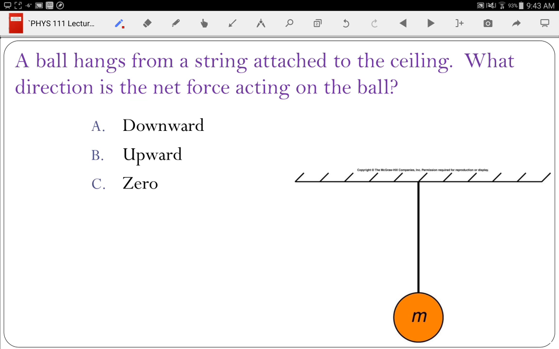Question number 2. A ball hangs from a string attached to the ceiling, kind of like I have set up here. What direction is the net force acting on the ball? Okay, let's see.